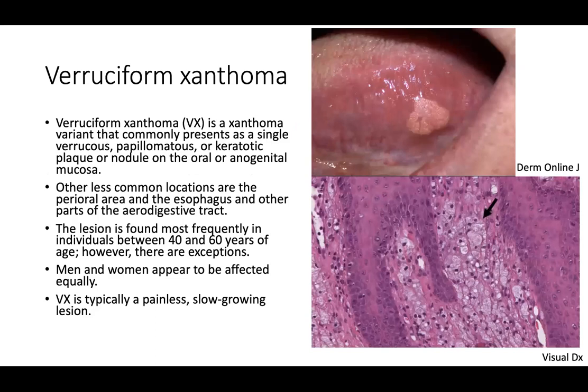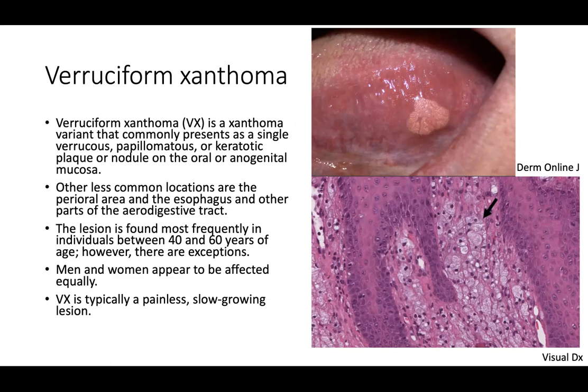Now let's delve in a little bit about verruciform xanthomas and CHILD disease. So verruciform xanthoma is a xanthoma variant that commonly presents as a single verrucous, papillomatous, or keratotic plaque or nodule on the oral or anogenital mucosa. Other less common associations are the perioral area and the esophagus and other parts of the aerodigestive tract.